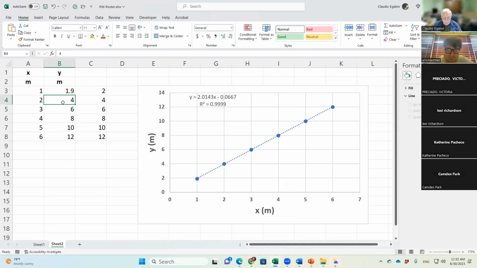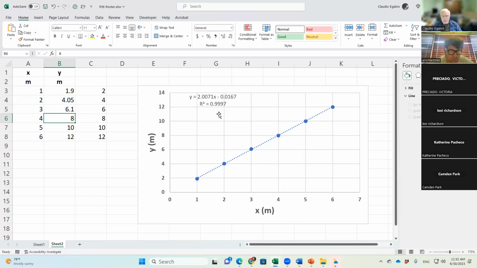And here you go. What happens when I change my 4 to, let's say, 4.05, which would be the type of number that you'd get in real life? It's not a perfect fit again. The equation changes slightly. I'm going to put 6.1 here now.